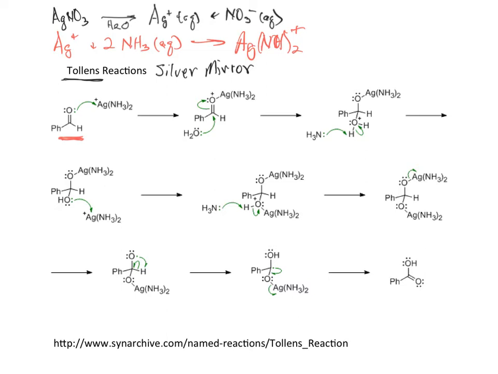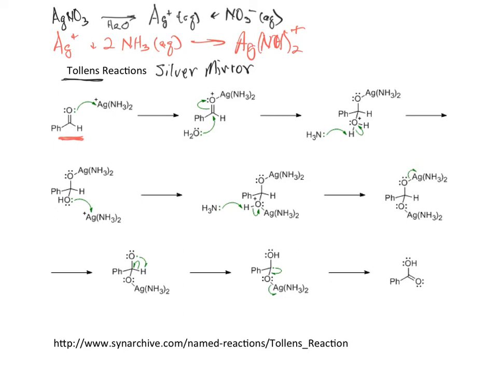Now we've got two silver ions. Now we have this protonated complex. Ammonia comes in as base, takes the hydrogen ion, and we end up with two silver ions, two oxygen atoms attached to the same tetrahedral carbon center.